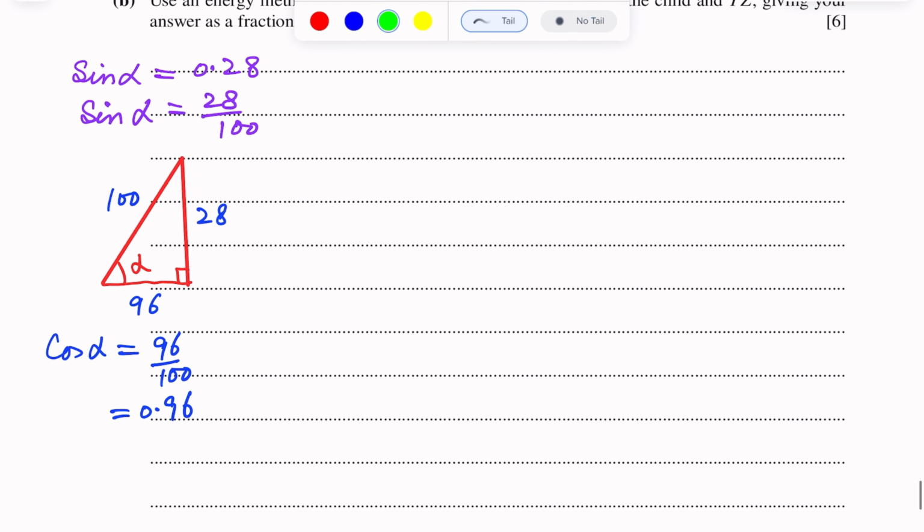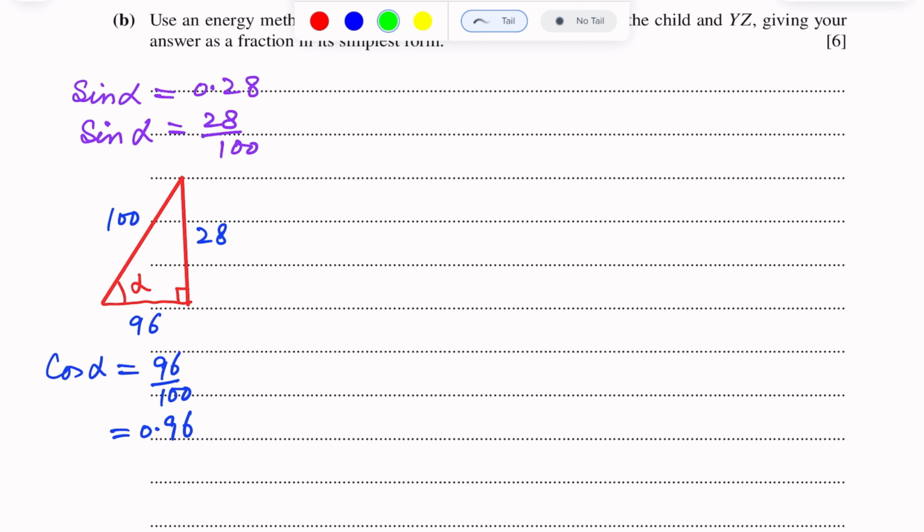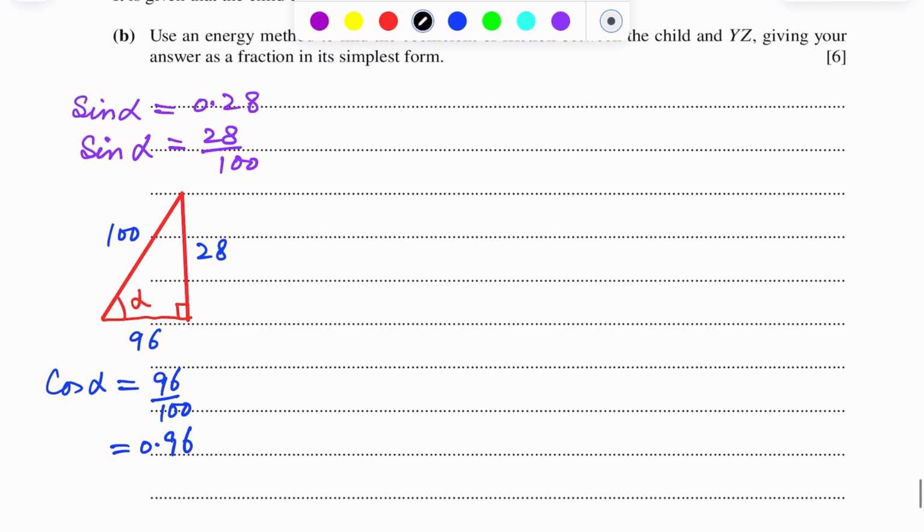For this part of the question, the diagram will be like this. This is a slope, making an angle alpha with the horizontal.